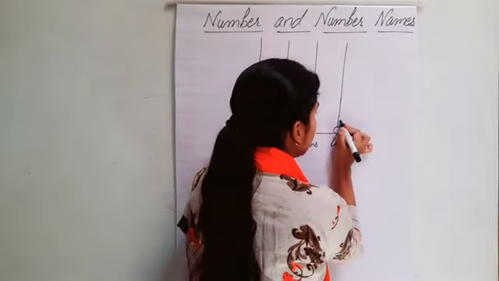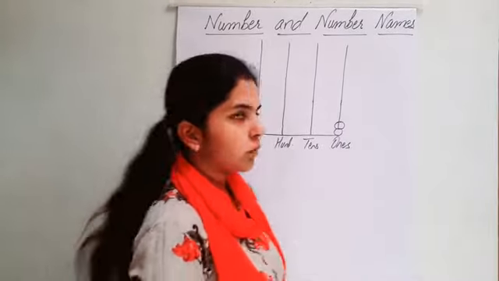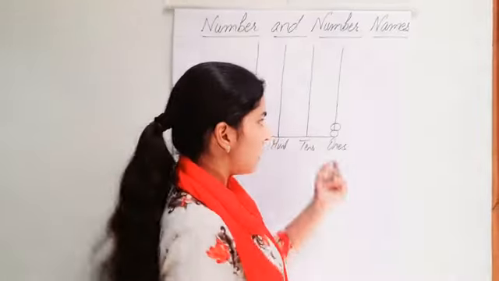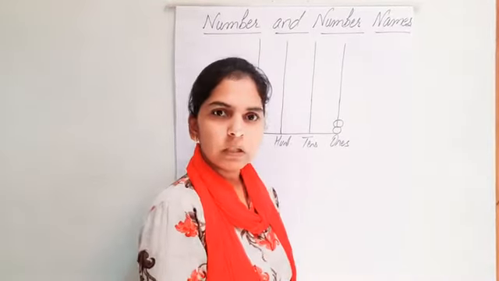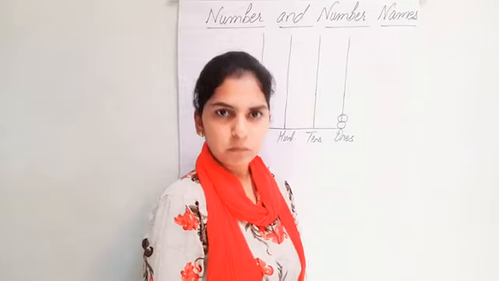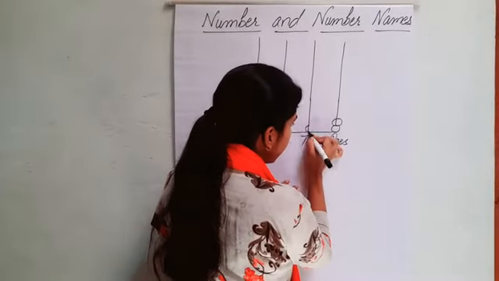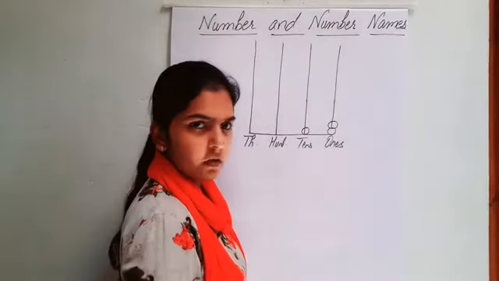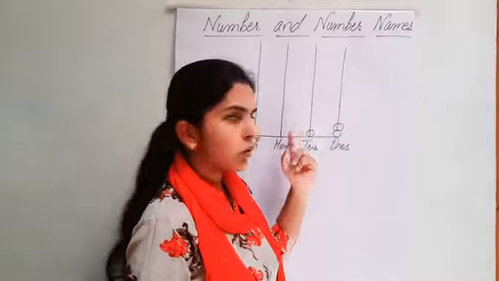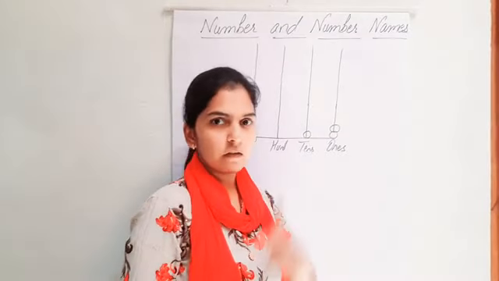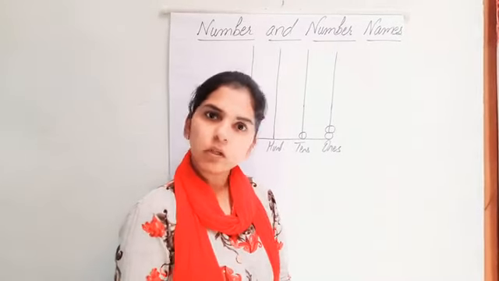If there are 2 circles, it will be equal to 2. Similarly, as many circles as we draw, the number will be read by counting them, right? Now if I draw one circle on the spike of tens, it is equal to 1 ten, and 1 ten, as I told you, is equal to 10.